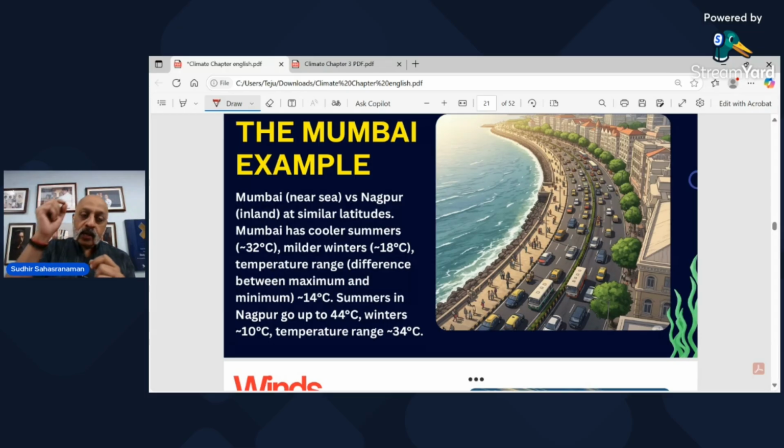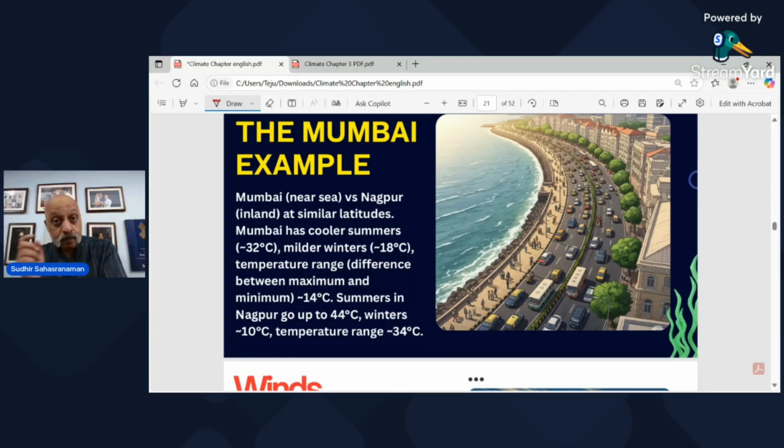Mumbai, which is right on the sea, has cooler summers about 32 degrees, milder winters about 18 degrees, and the temperature range between the maximum and the minimum is about 14 degrees Celsius. Is that clear? 32 minus 18.